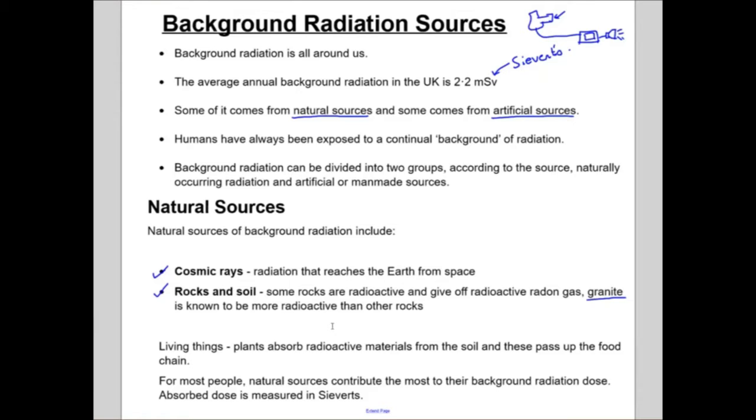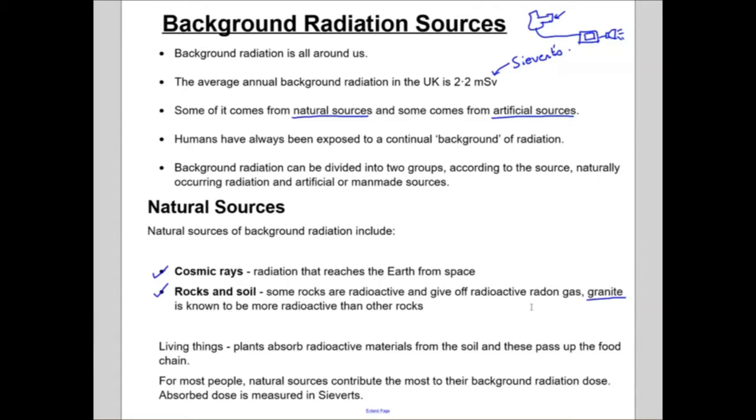Right. Now, since these radioactive materials are present in the soil, the plants and living things absorb this radioactive material from the soil and pass it on into the food chain, right?